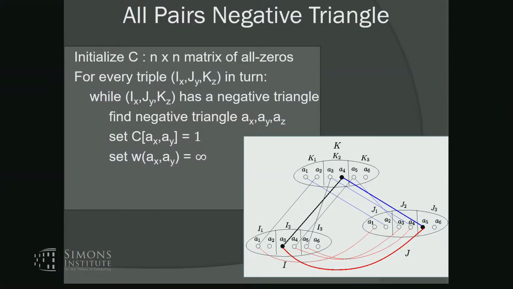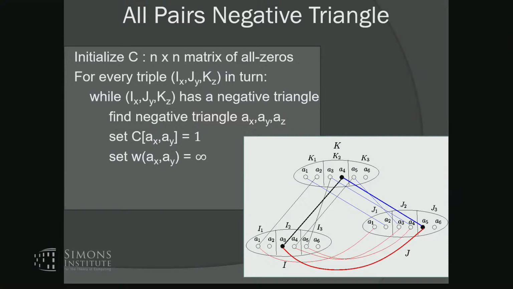Okay, so what have we done so far? We took each one of these triples and asked, does it have a negative triangle? It returned a negative triangle if the answer was yes, for example A3, A4, A5. Then we update the weight of A3, A5 in this graph to infinity.